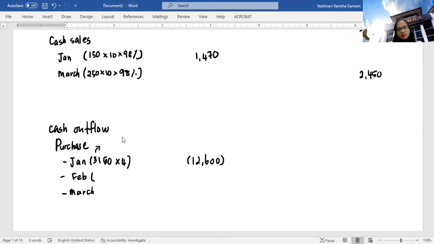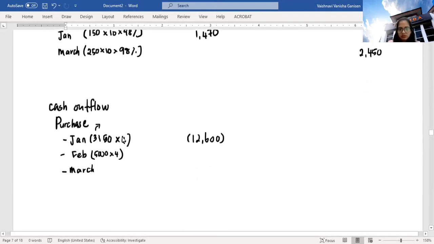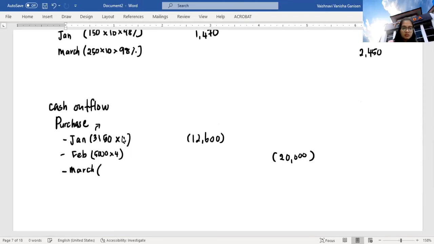In February, it is 5,000 multiplied by 4. So that's 20,000. In March, it would be 4,500 plus 250 multiplied by 4.